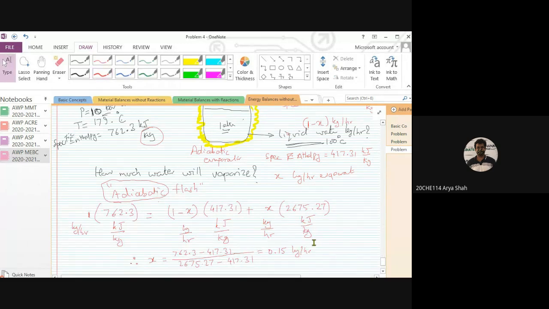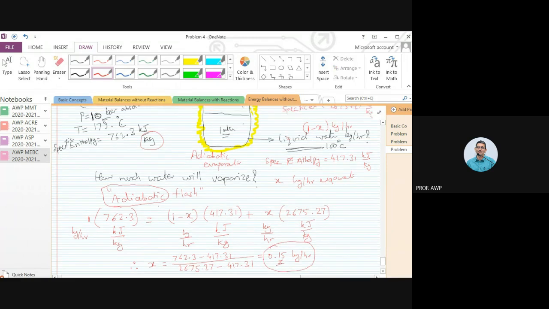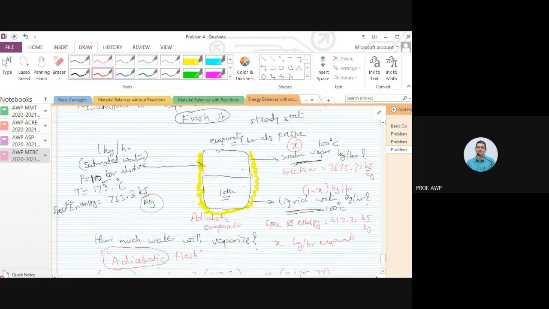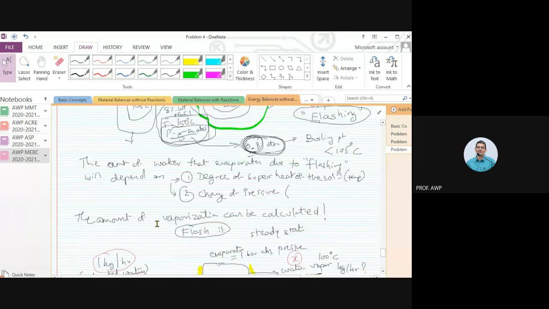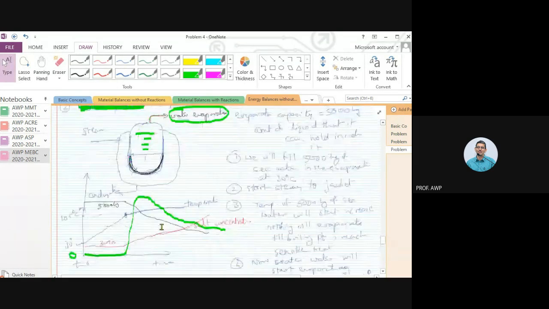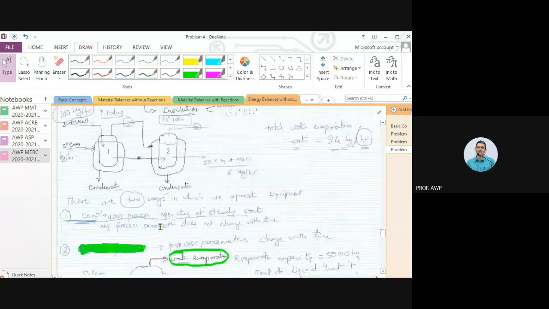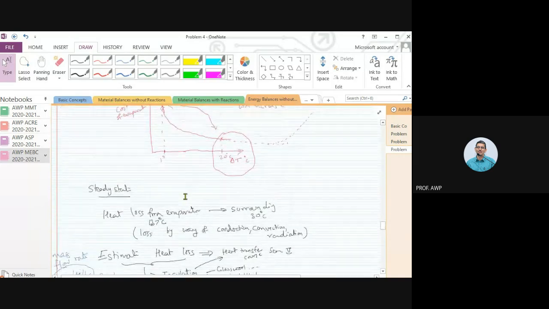Okay. So only 15% of the water will vaporize. 15% of the incoming water. That too, the pressure change is from 10 bar to 1 bar. Okay. In your evaporator, the change of pressure is much less.